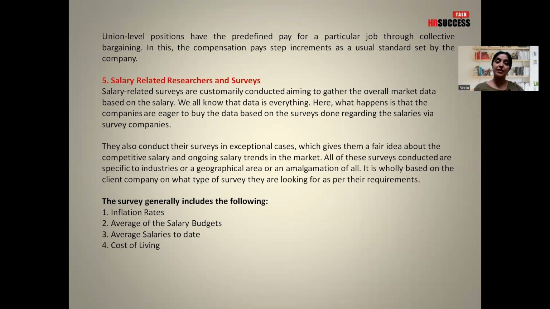So salary related surveys are customarily conducted aiming to gather the overall market data based on the salary. We all know that data is everything.